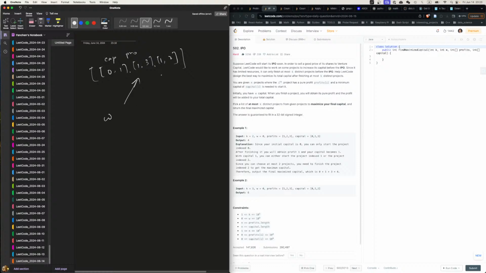Basically a binary search, right? A binary search this thing, and binary search.